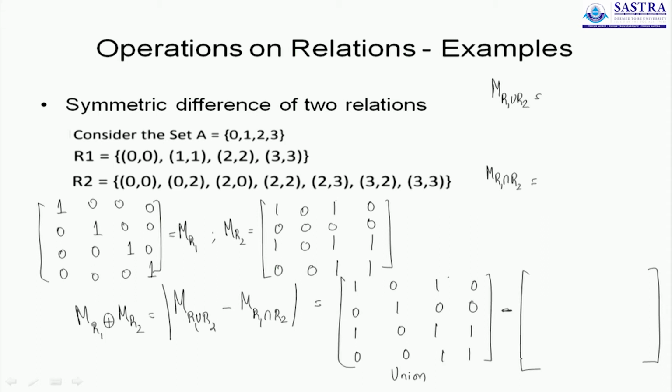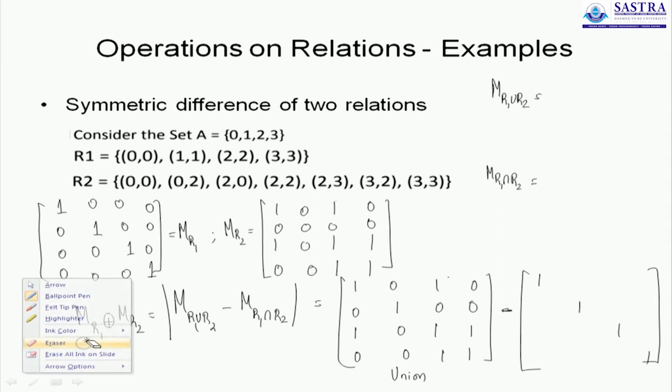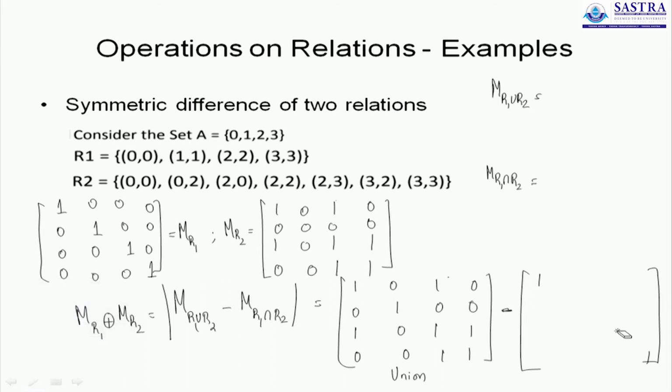Intersection is easy. Intersection is only along the diagonal. That's 1, 1, 1 and 1. Everything else is 0. You know what are common. You just have to do the math behind that. That's easy. The common elements are 0 0, 2 2 and 3 3.